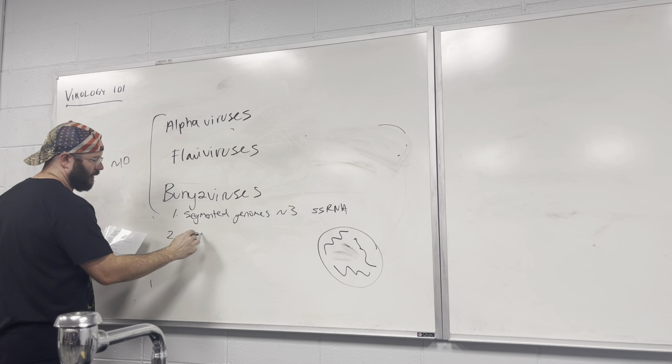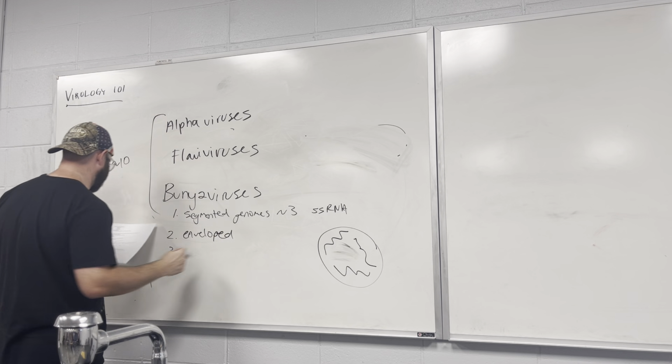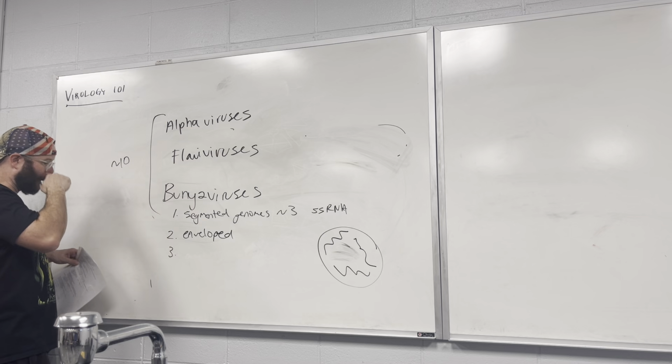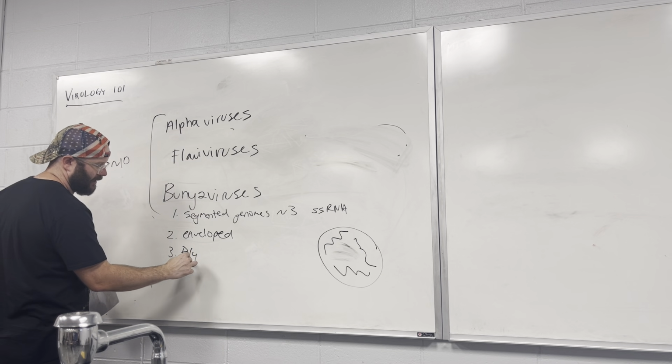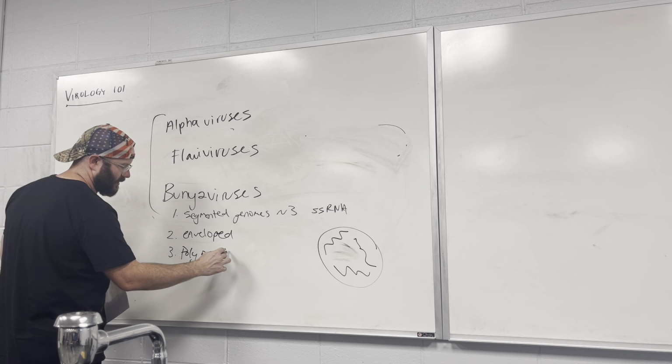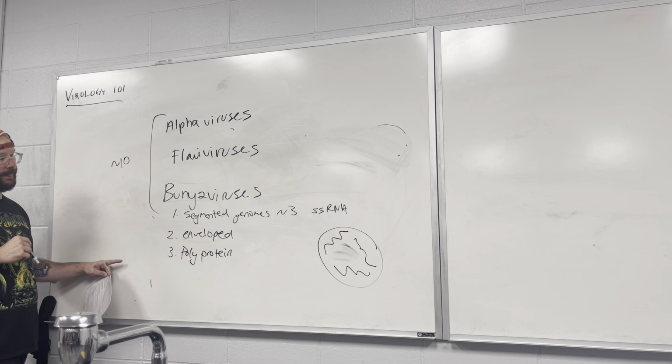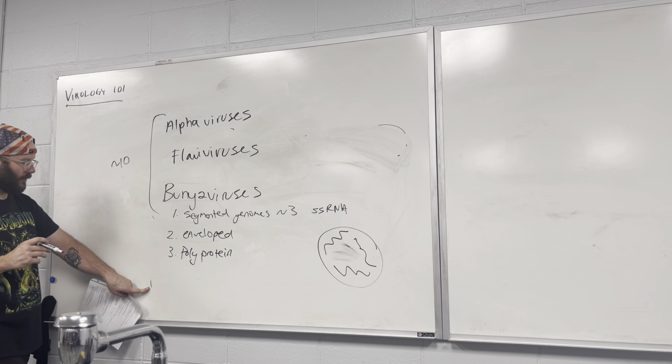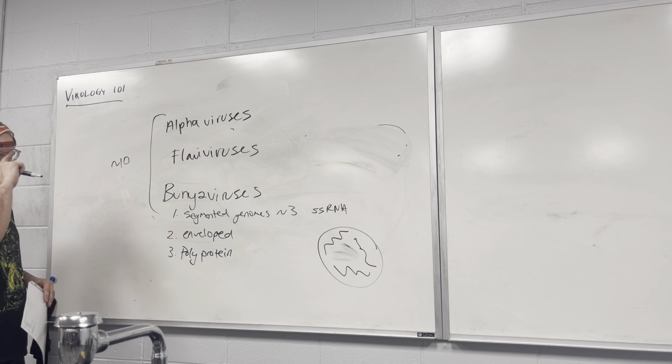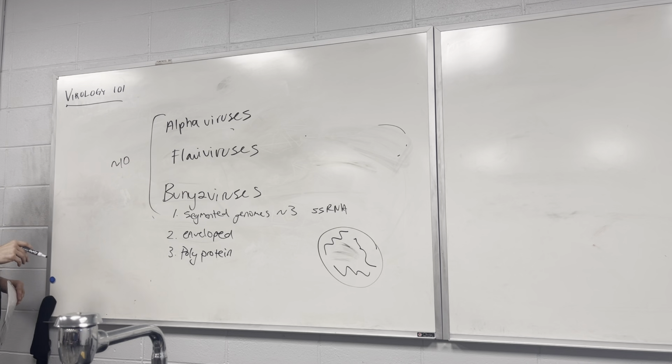They are enveloped, and they have what's called a polyprotein. What's a polyprotein? This is a common thing in viruses. Let's say a virus has 10 proteins.